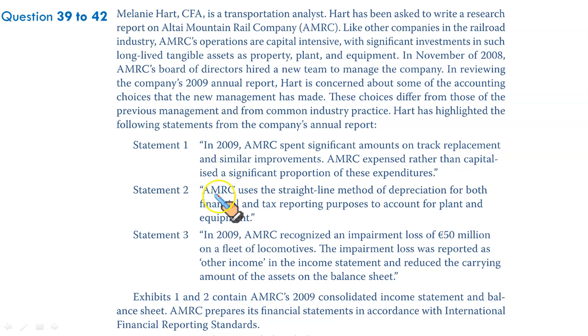Next, AMRC uses straight line method of depreciation for both financial and tax reporting purposes to account for plant and equipment. Straight line method. Okay, this is the second statement. Third, in 2009, AMRC recognized an impairment loss of 50 million on a fleet of locomotives.